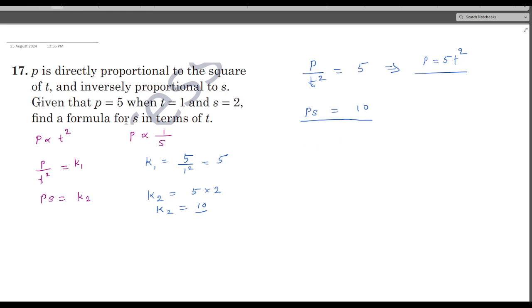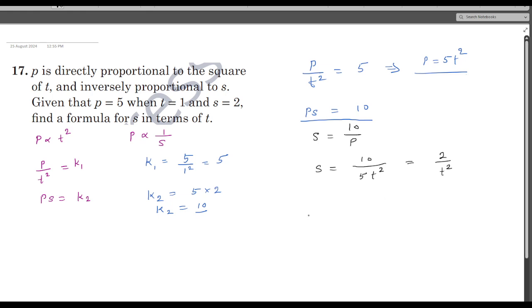Wait, I will say that s is equal to 10 divided by p. So s is equal to 10 divided by p. Now p I will write as 5t square, which is equal to 2 divided by t square. So therefore s is equal to 2 divided by t square. So this is s in terms of t. S is equal to 2 divided by t square.